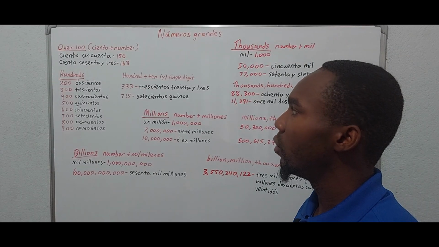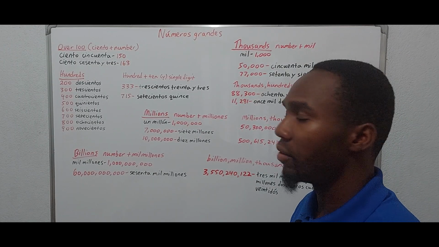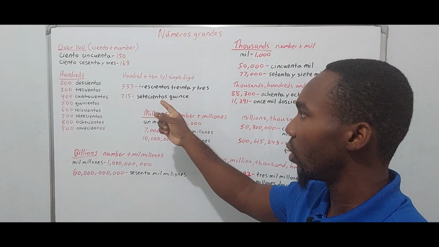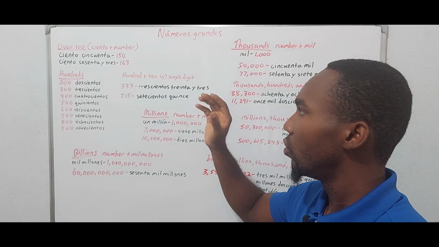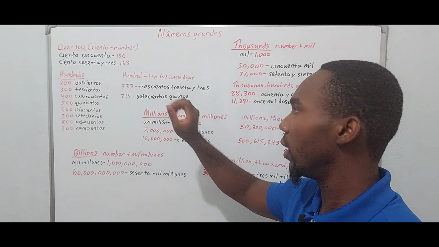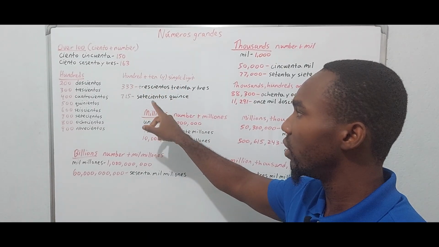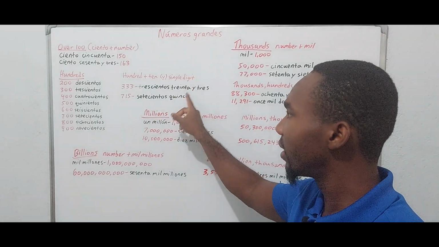Now, if we want to involve other units, such as tens, this is what we do. So, 333.